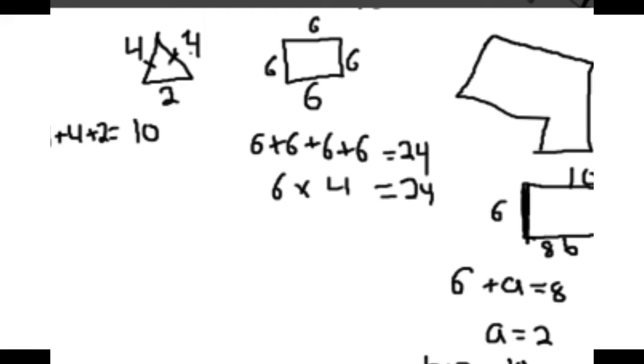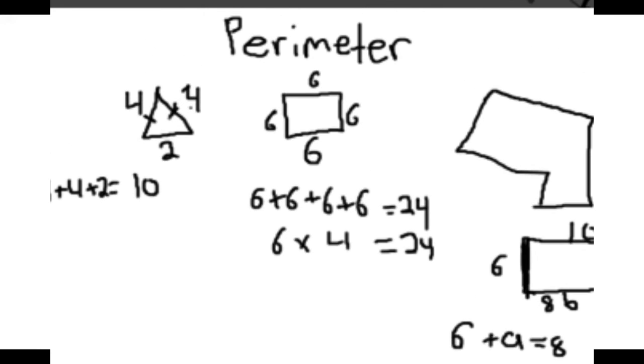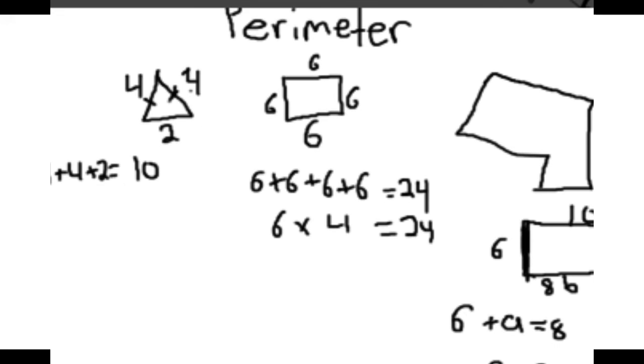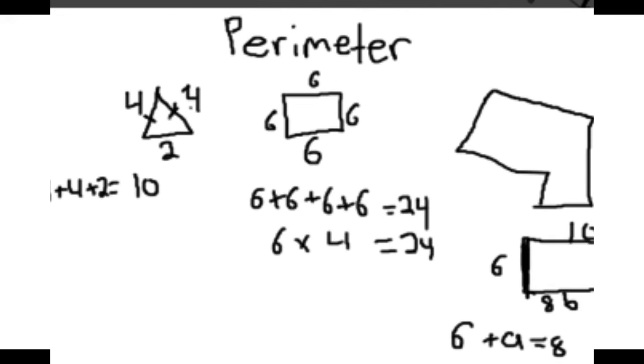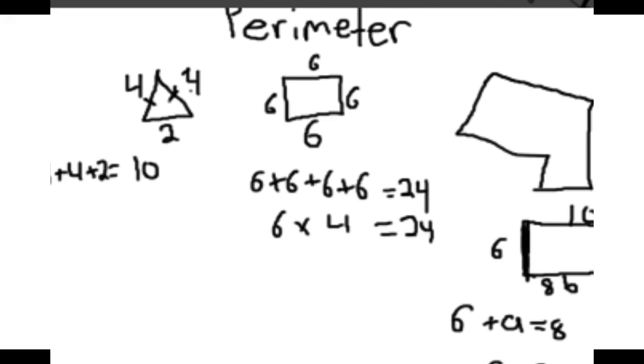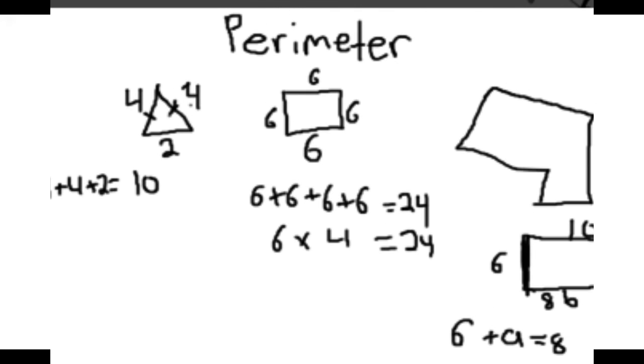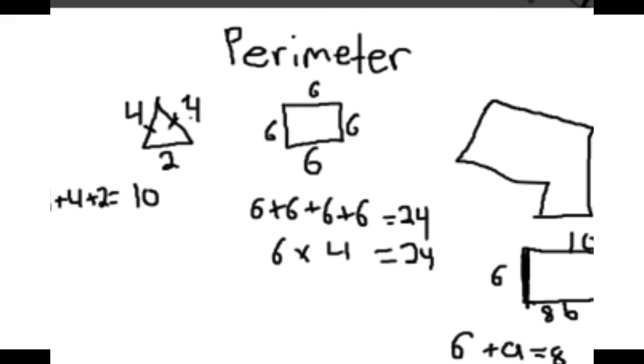So this was definitely a more complicated perimeter problem because we had to solve for sides. But in general, just keep in mind, perimeter is the distance around a figure. And just like all geometry problems, they will most likely require that you use properties from previous videos that we discussed for two-dimensional figures in order to solve for the length of all the sides. But once you have the length of all the sides, finding the perimeter is just a matter of adding all the sides up.